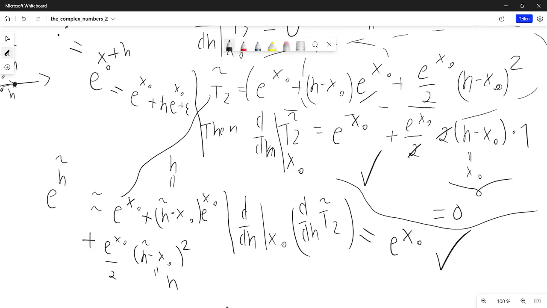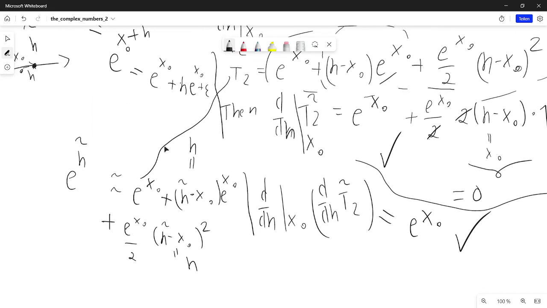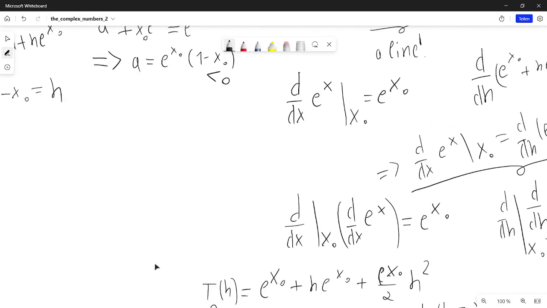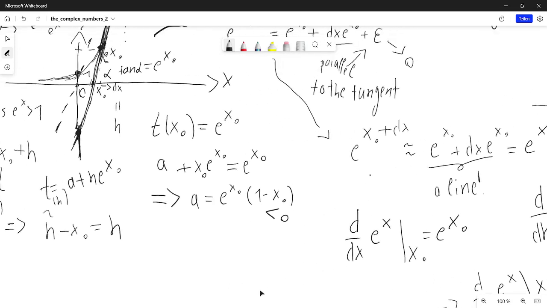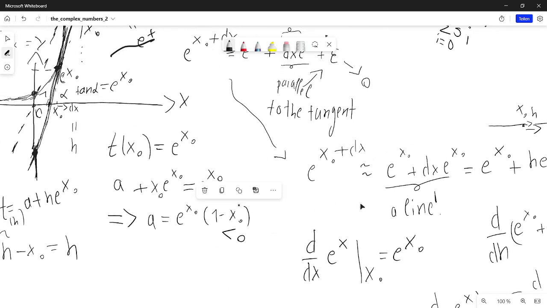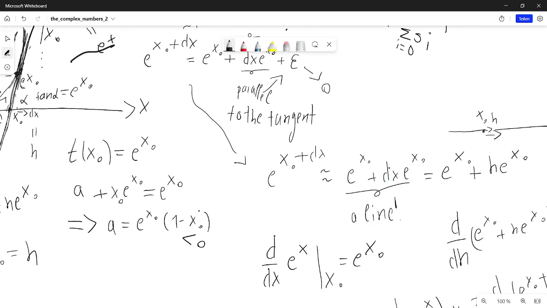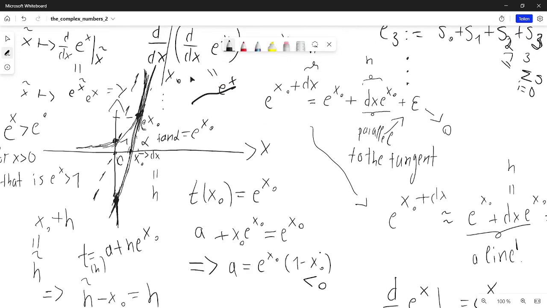So this is the linear term, this is the quadratic term now. And what does it mean? Oh, this is just our line, just a line from here, right? Because this is h, right here. All right, this is our line.